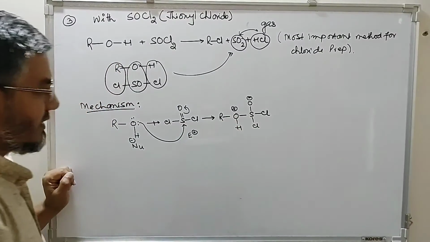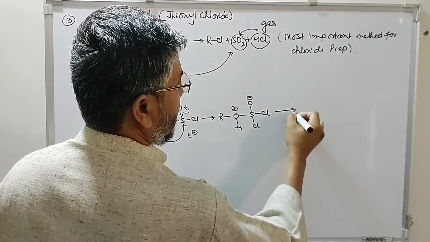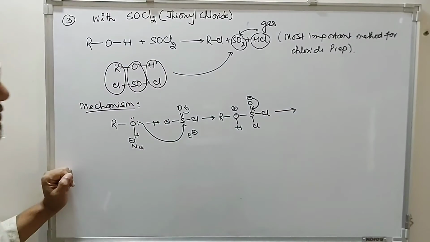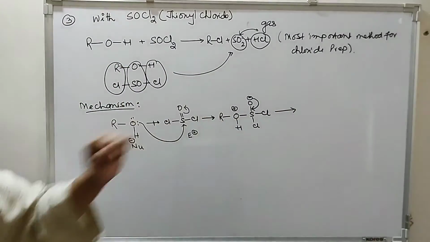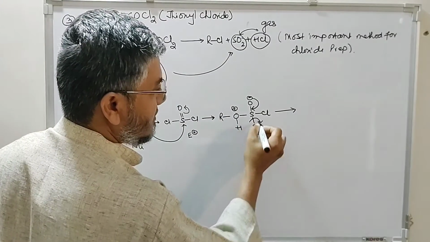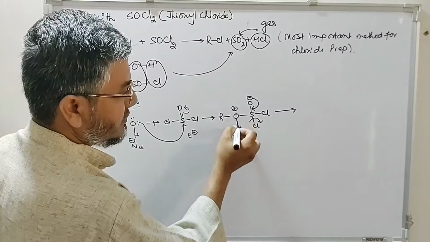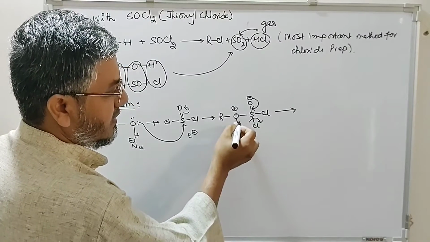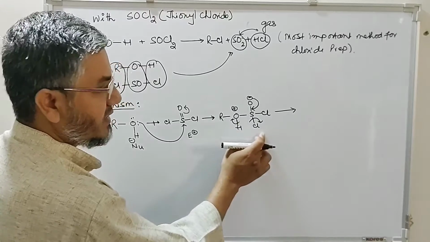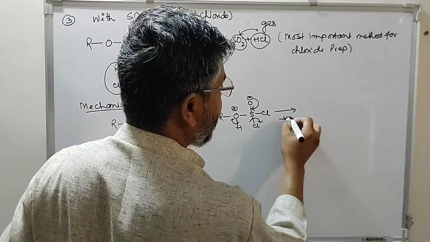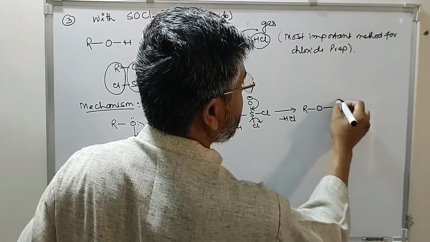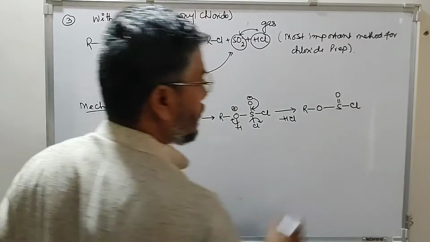So this is nucleophile attacking electrophile. Now this electron is coming back to sulfur and this Cl is moving out from this sulfur, and simultaneously this electron pair shared between oxygen and hydrogen is transferred to oxygen. So we are removing HCl, H plus and Cl minus are removed. So we have minus HCl and this gives you RO S double bond O Cl, alkyl chlorosulfite.